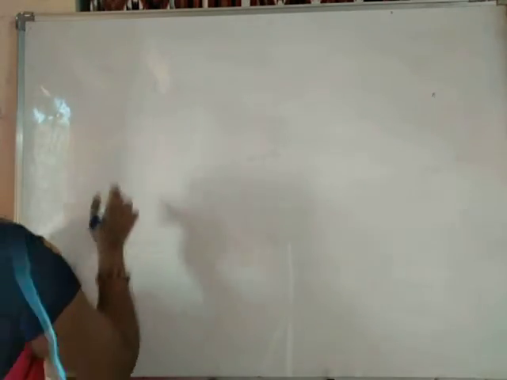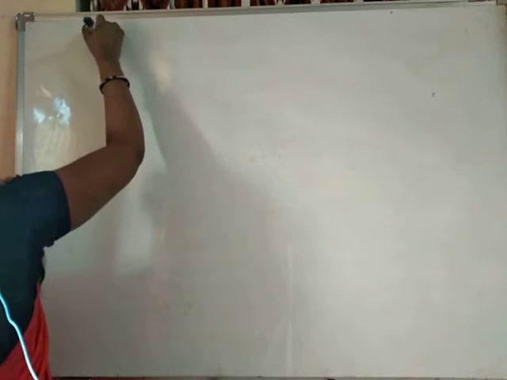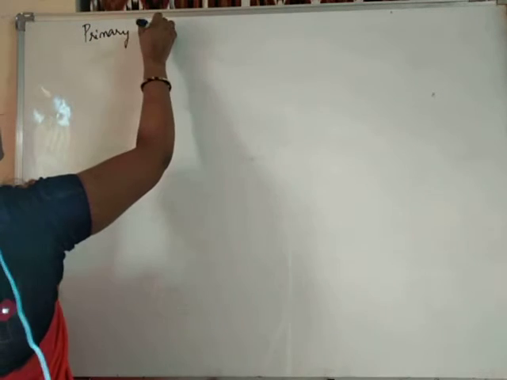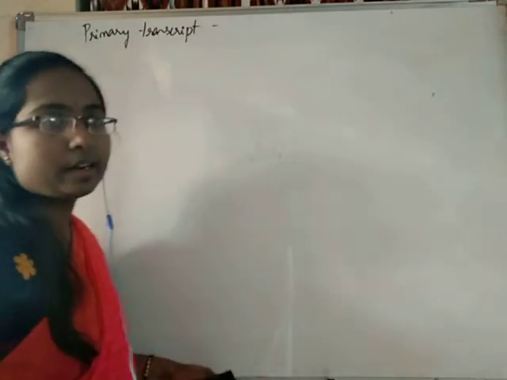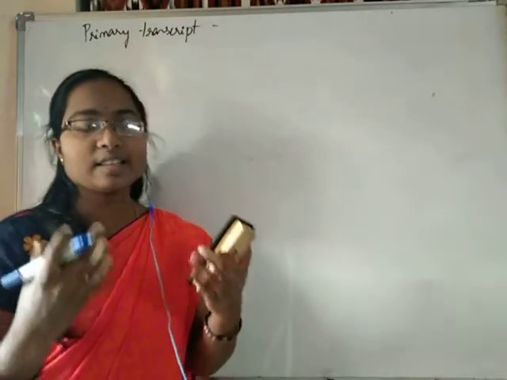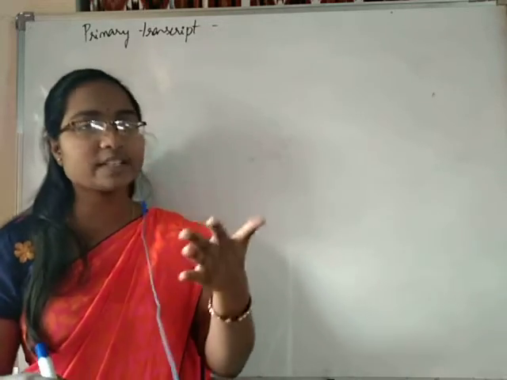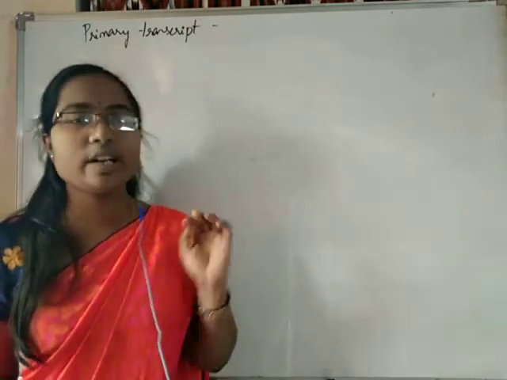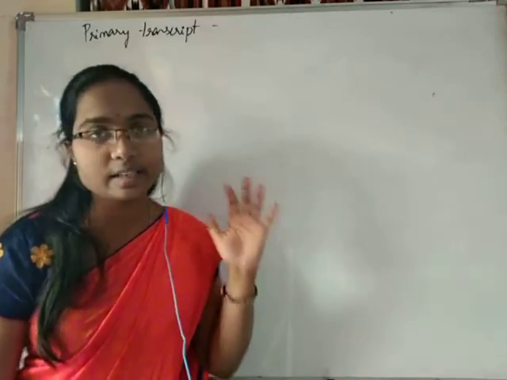See, students, the primary transcript is the one which is formed immediately after transcription. Whatever is formed after transcription is called the primary transcript, a fresh RNA formed after transcription.